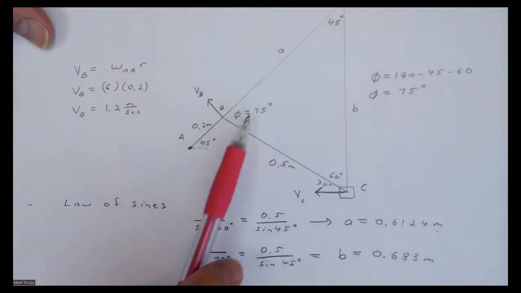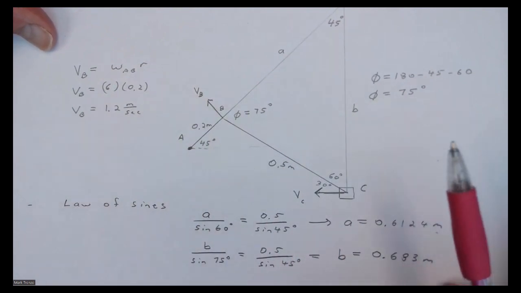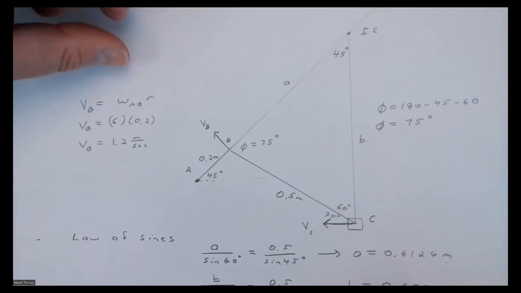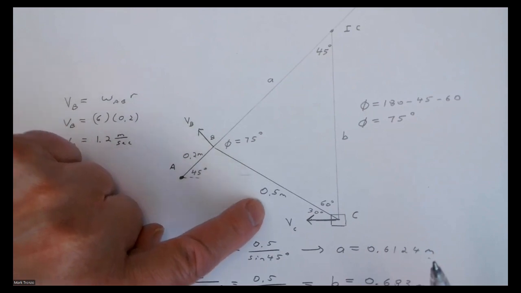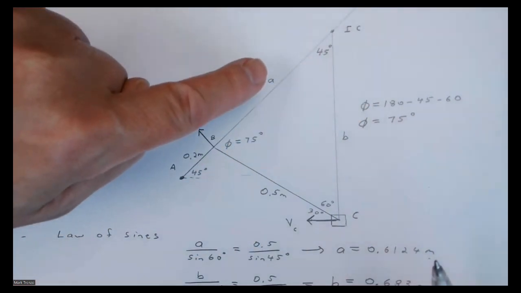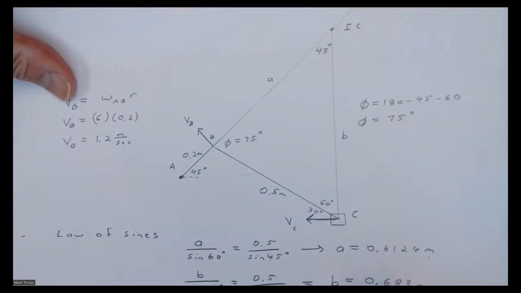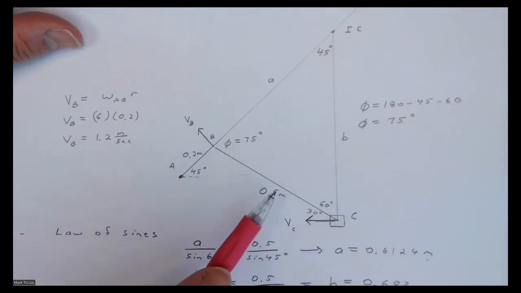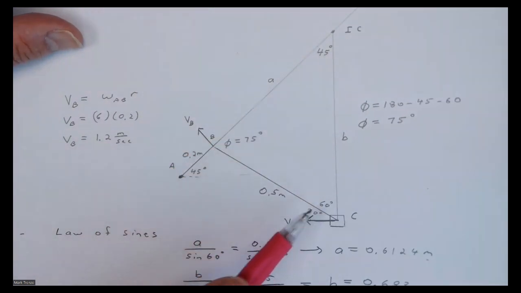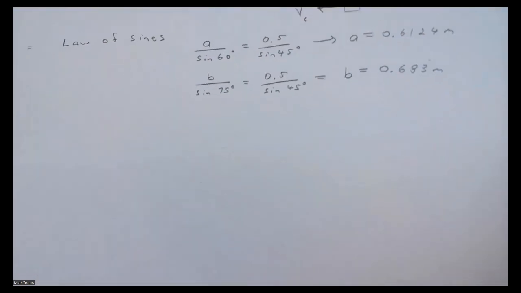So you can see here the velocity of B is going to be equal to the angular velocity of BC times this radius A, and the velocity of C is going to be equal to the angular velocity of BC times this radius B. So let me write that down on a separate page here.